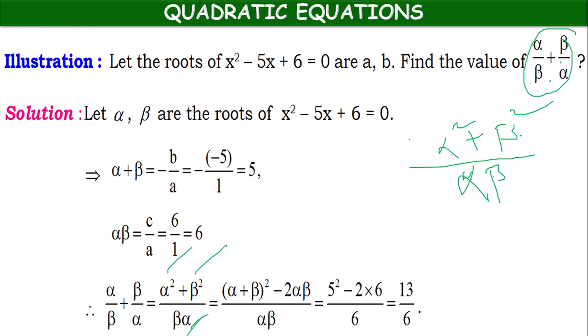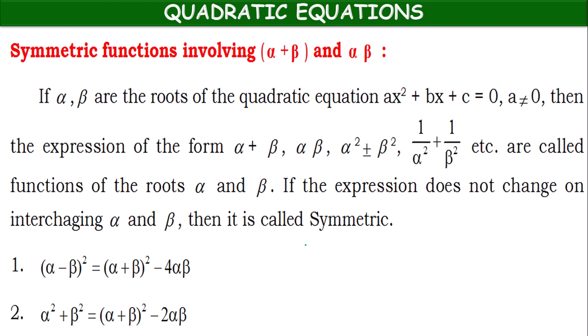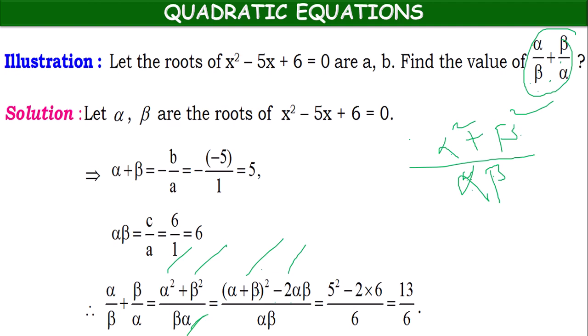Alpha square plus beta square can be written as alpha plus beta whole square minus 2 alpha beta. Already we have the formulas. How we have got this means we have to learn all of them, so we can keep this formula alpha plus beta whole square minus 2 alpha beta.